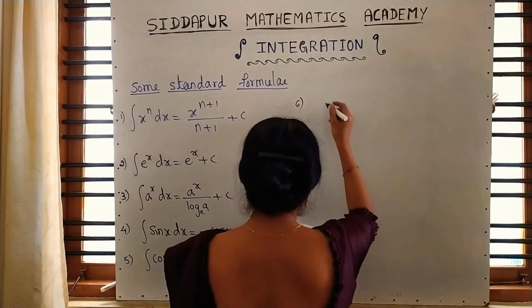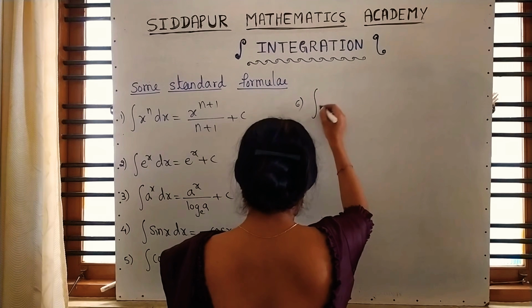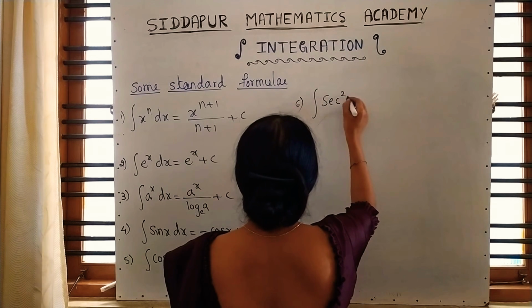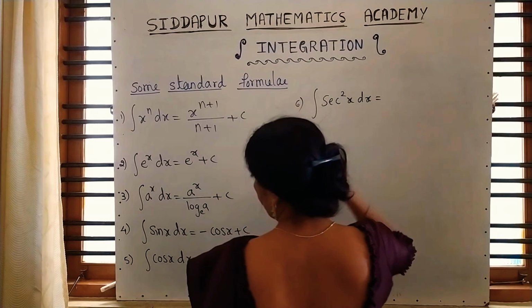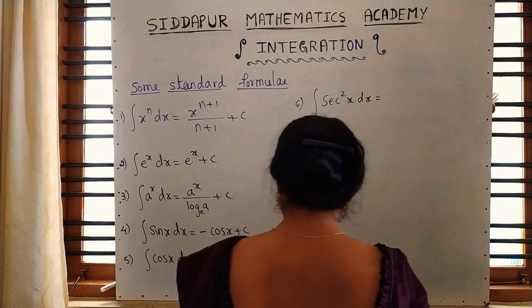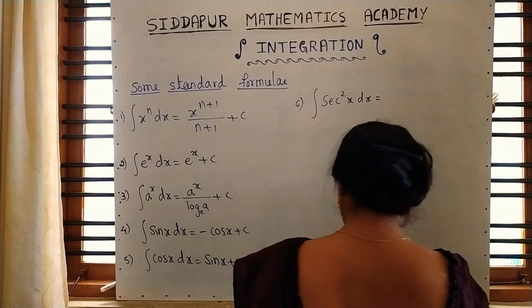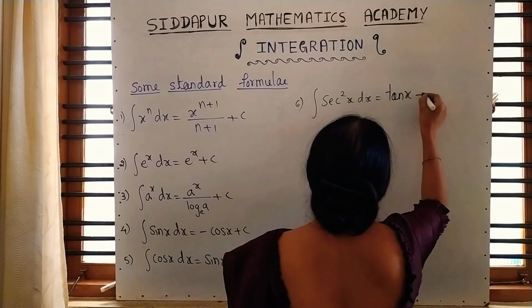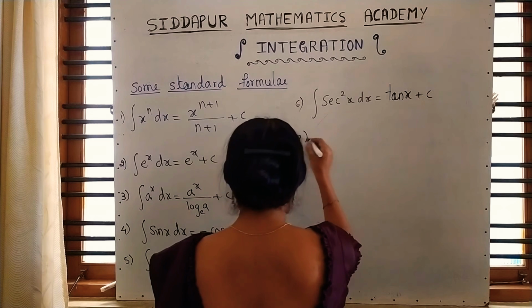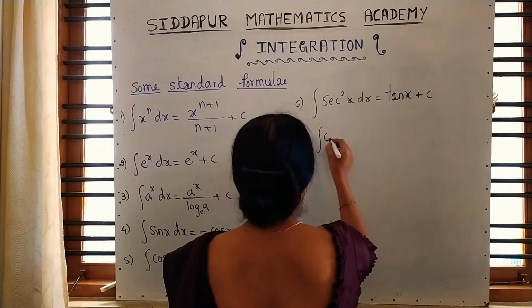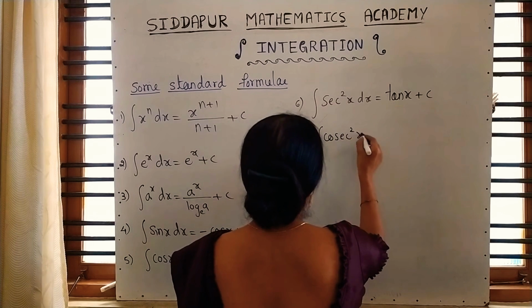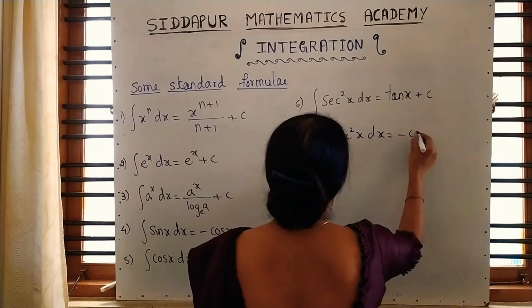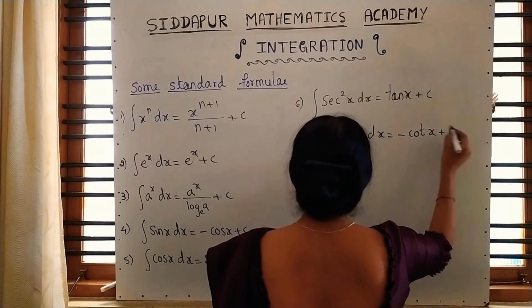Sixth one, differentiation of secant square x. So what is the differentiation of secant square x? Differentiation of secant square x is tan x. Next, cosecant square x, because already you are familiar with its differentiation, it is minus cot x.